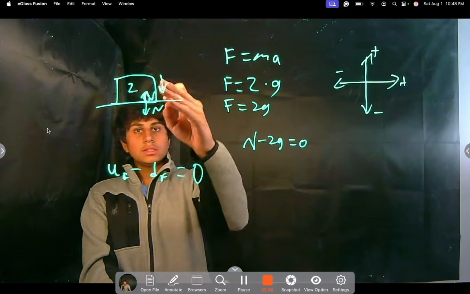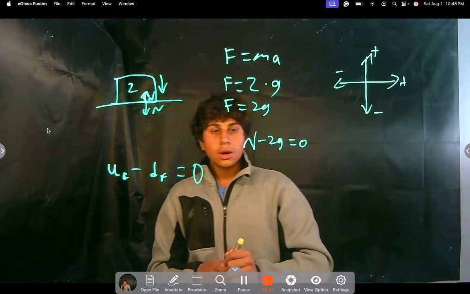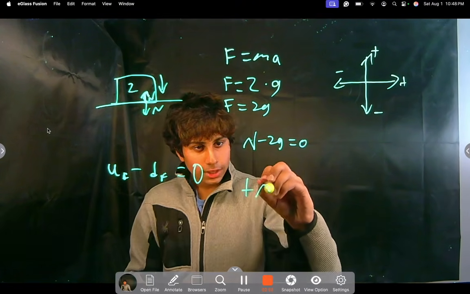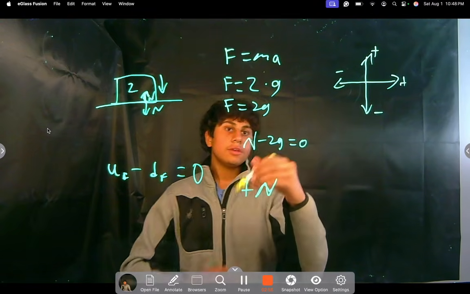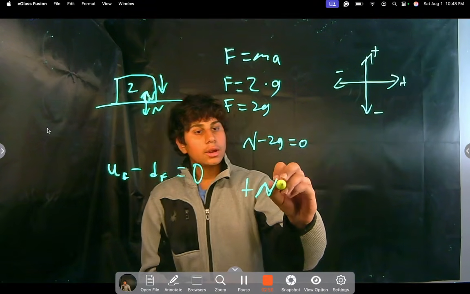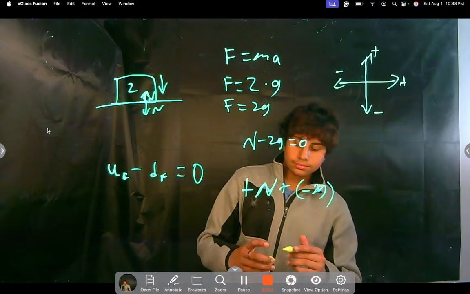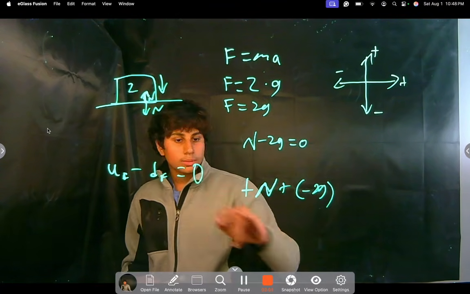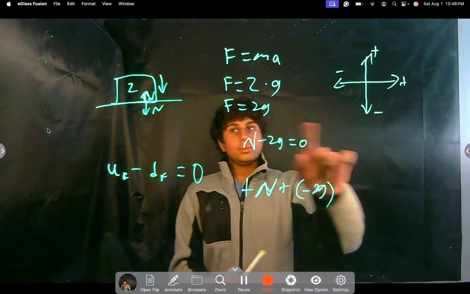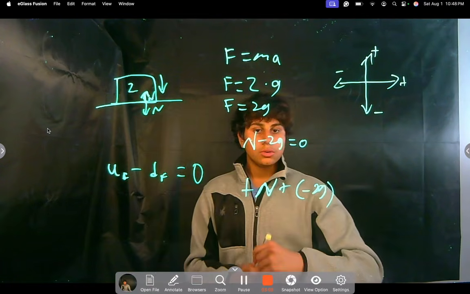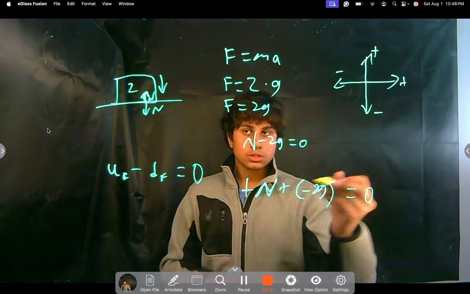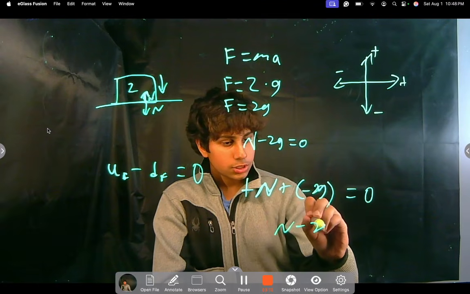So since the N here is pushing up, it's an upward force. That's why it's going to be positive N. And then you're kind of adding, but it's really not, you're adding a minus 2g, because that's what's coming from this formula. Minus 2g because the 2g is pushing down, so it's going to equal 0 because nothing's moving. So N minus 2g equals 0.